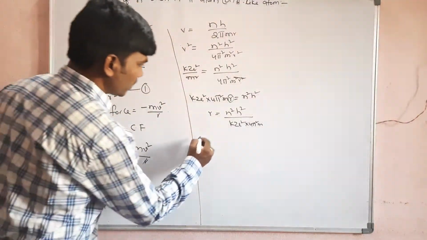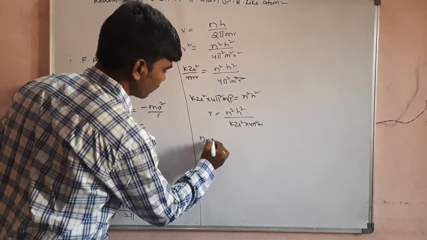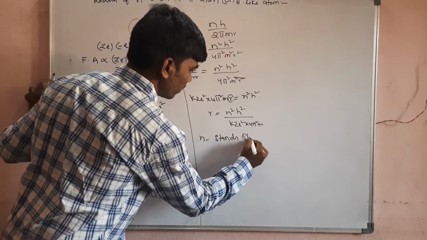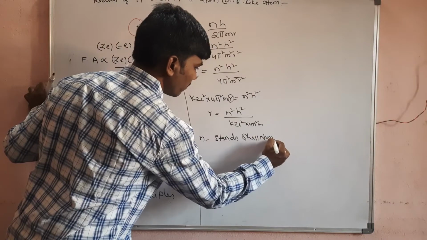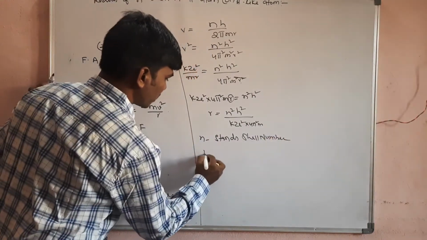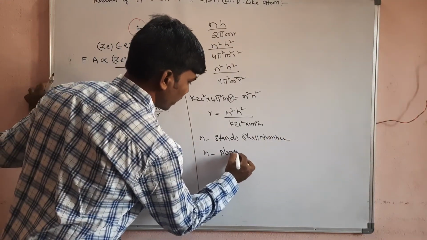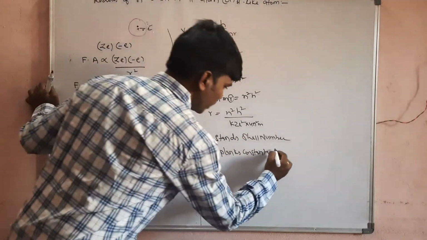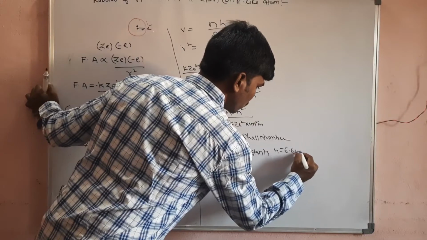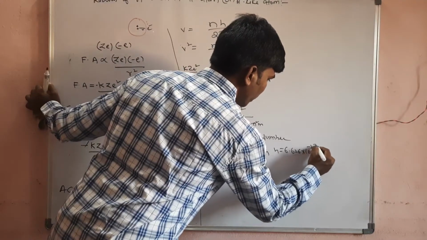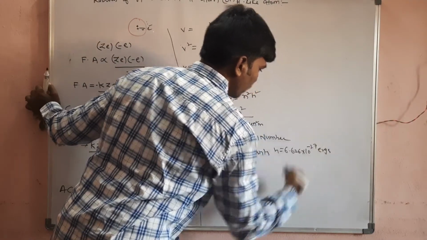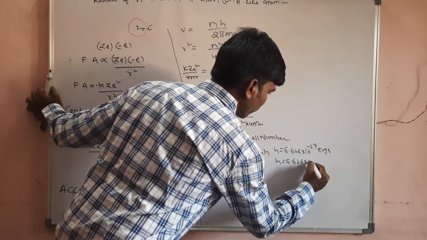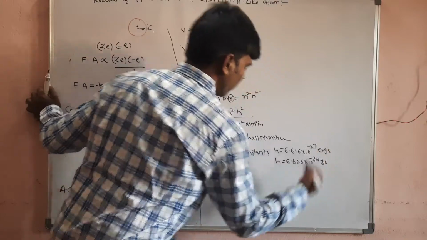Here n stands for the principal quantum number, the shell number, and h stands for Planck's constant. h is equal to 6.626 into 10 to the power of minus 27 erg second, and h is equal to 6.626 into 10 to the power of minus 34 joule second.